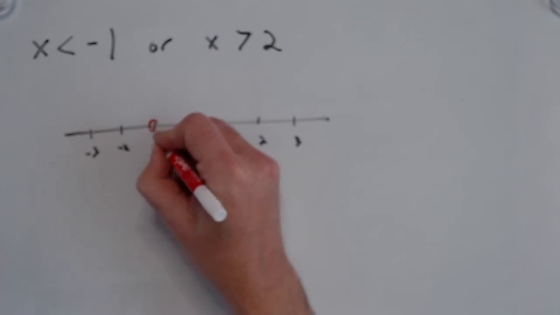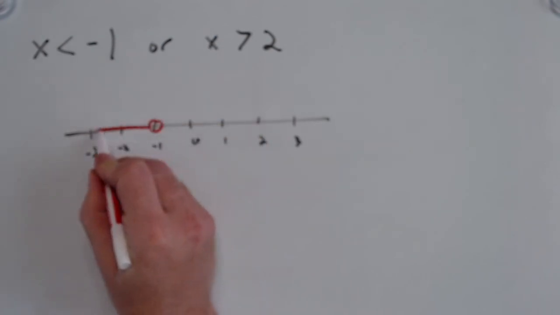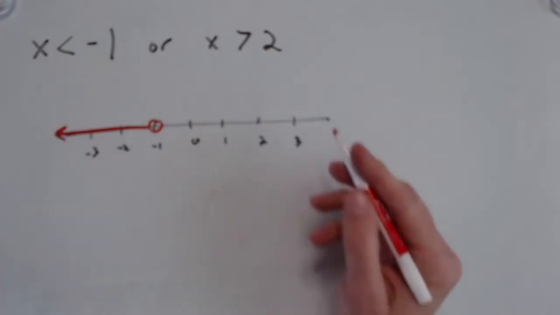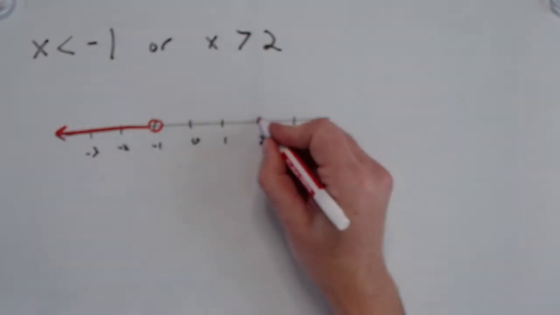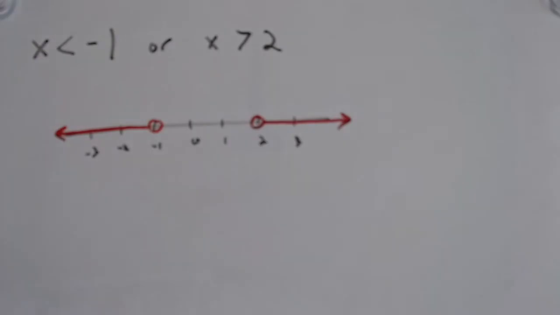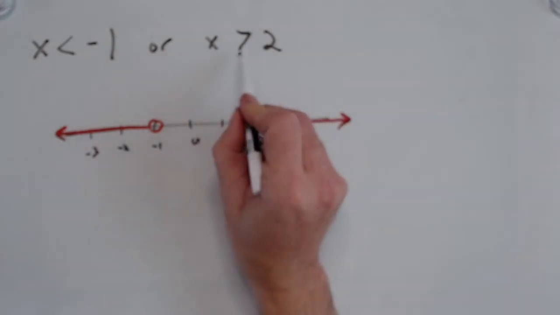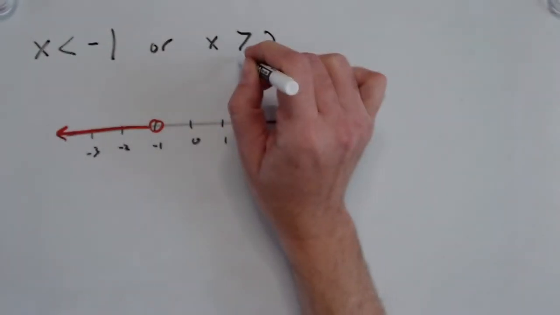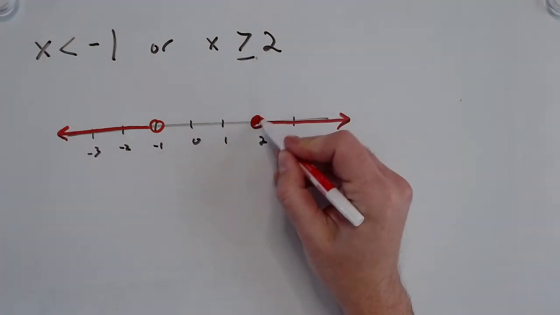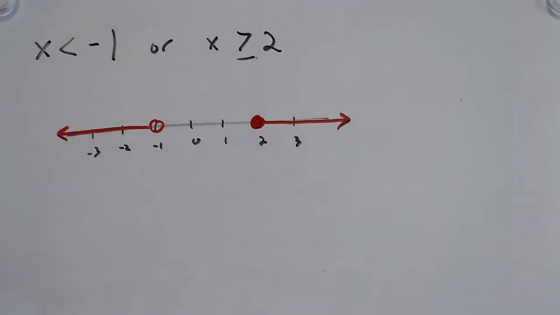So we have to avoid negative 1 and go less than. But where x is greater than 2, we're going to avoid 2 and go greater than. Now just as a quick example, if this was x is greater than or equal to 2, we would fill this in, because then we would include 2 in our graph.